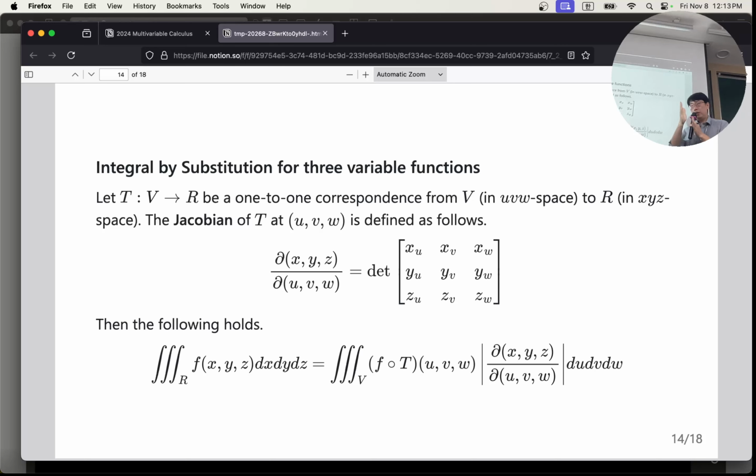What are these three vectors bounding the parallelepiped? These are exactly the first column vector, second column vector, and third column vector.